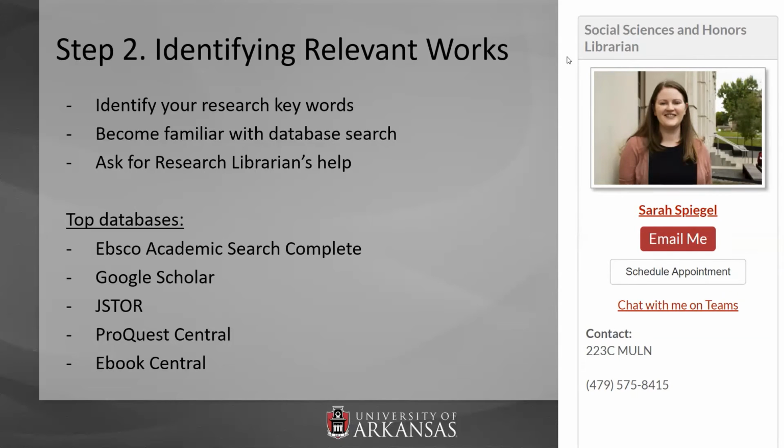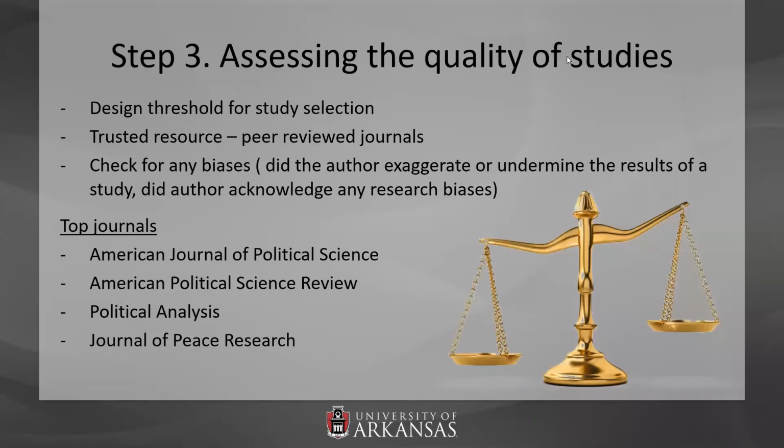And also there are 5 top databases that you can search for relevant works. The third step is assessing the quality of studies. Simply, this is narrowing down and reducing the number of studies by eliminating irrelevant works.